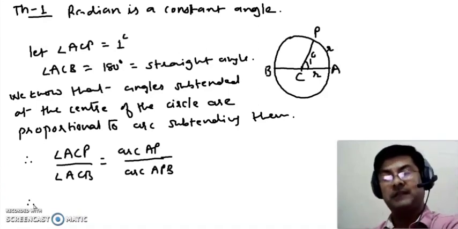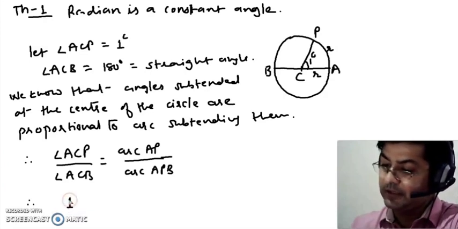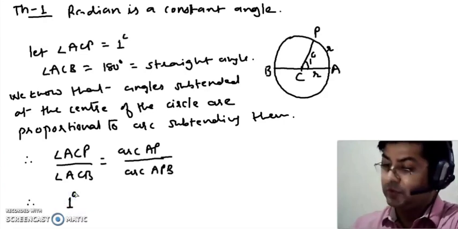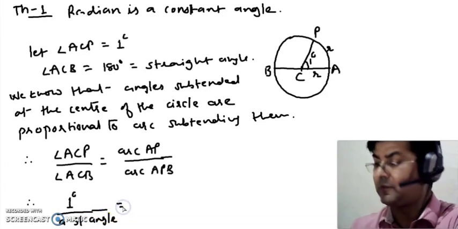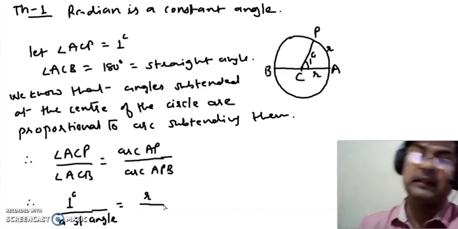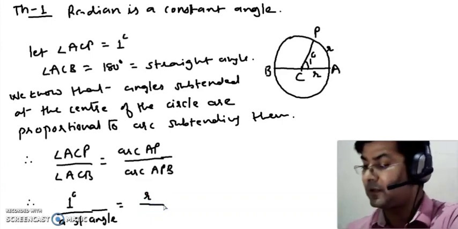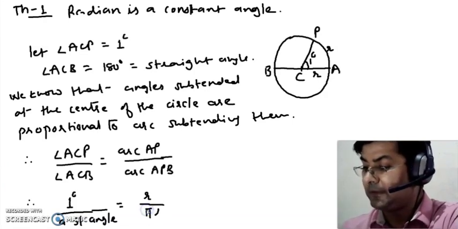Now we know that angle ACP is subtended by an arc which is equal to the radius in length, so that will always be 1 radian only. So angle ACP is 1 radian, upon angle ACB, a straight angle, is equal to arc AP upon arc APB. Length of arc AP is r, and arc APB is a semicircular arc, therefore the length will be pi r. Clear?